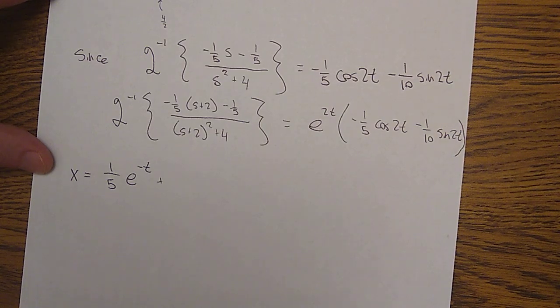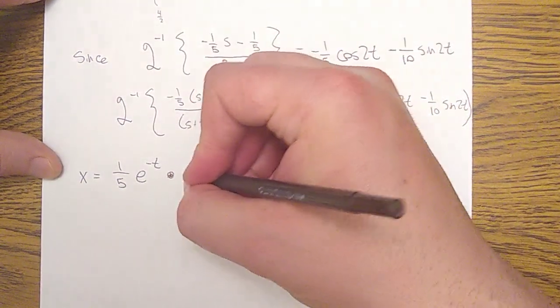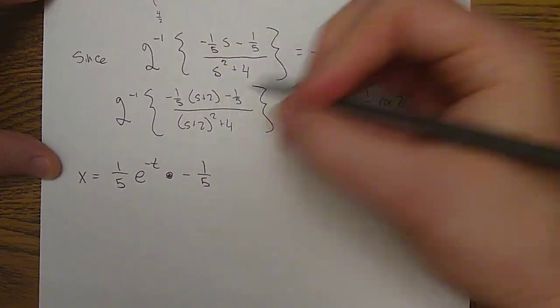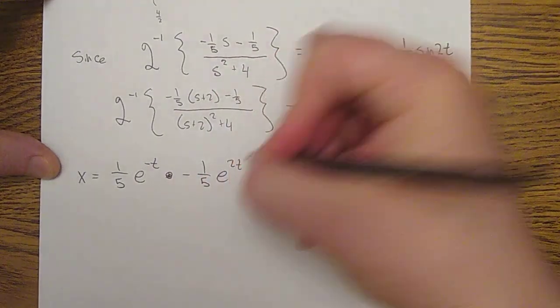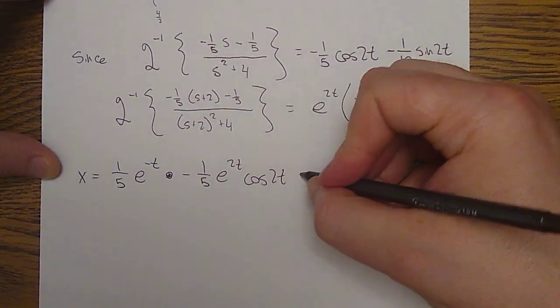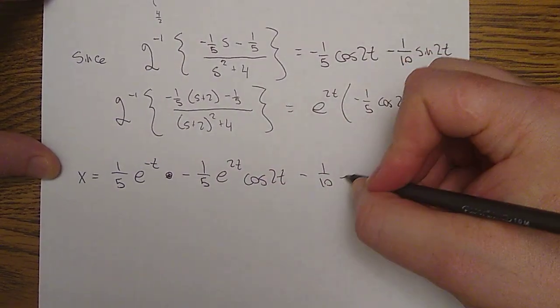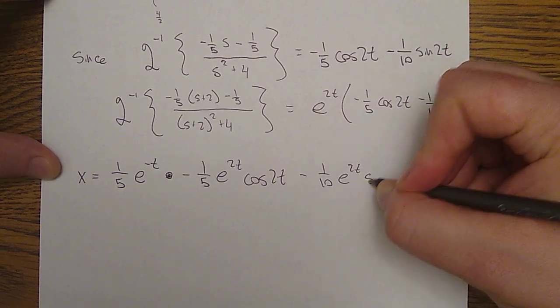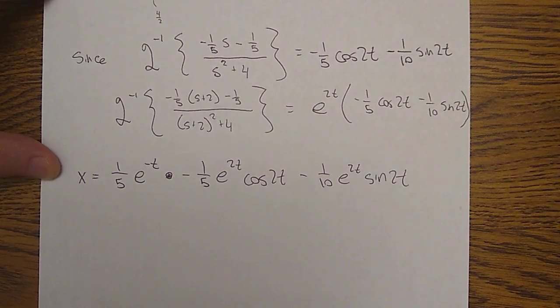Maybe I'll clean it up a little bit: minus 1/5 e to the 2t cosine 2t minus 1/10 e to the 2t sine 2t.